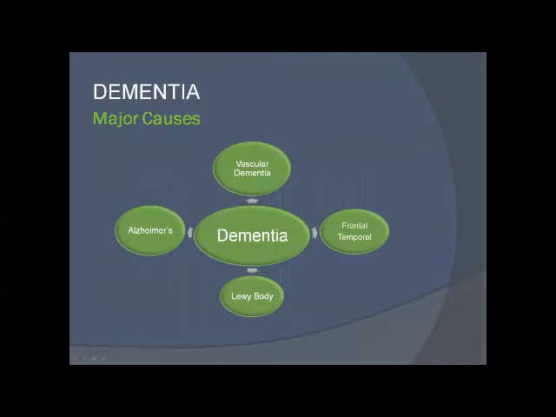Some of the major causes of dementia: I guess everybody's heard of Alzheimer's, and that probably accounts for close to half, but there are so many other causes: vascular dementia, frontal temporal dementia, Lewy body. All those things are out there and probably more prominent than doctors identify.